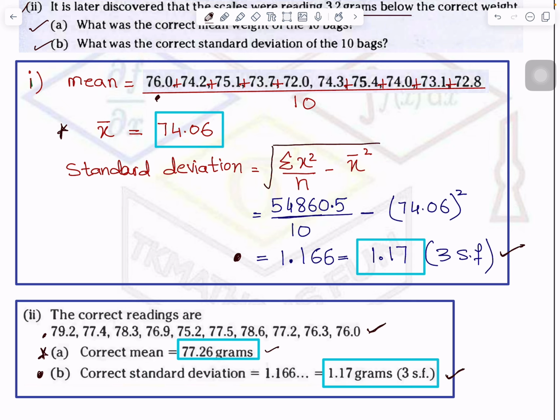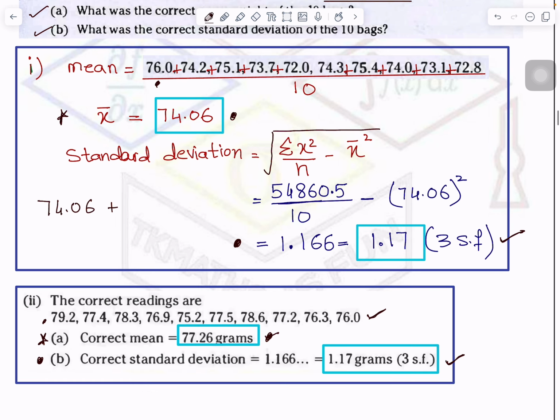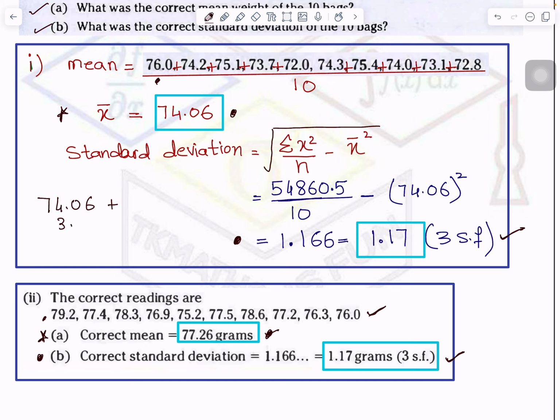Number two, what is the relation between this mean and this mean? 74.06. If I add 3.2 gram to this result, what will be my answer? My answer will be 76.26.